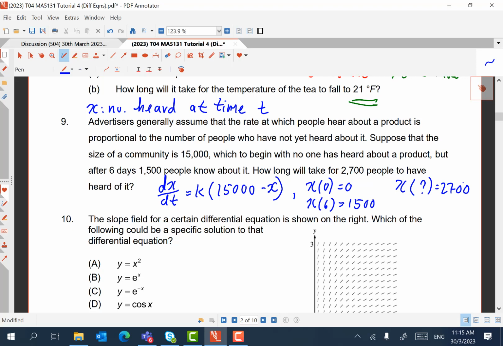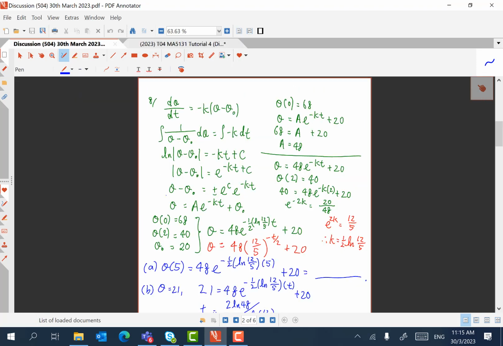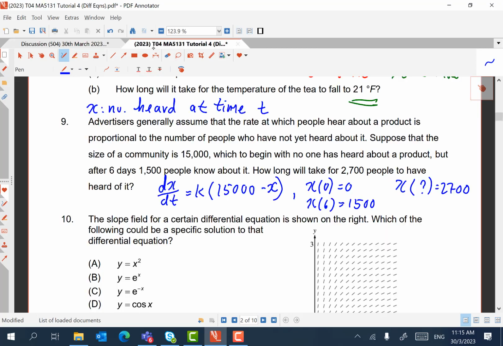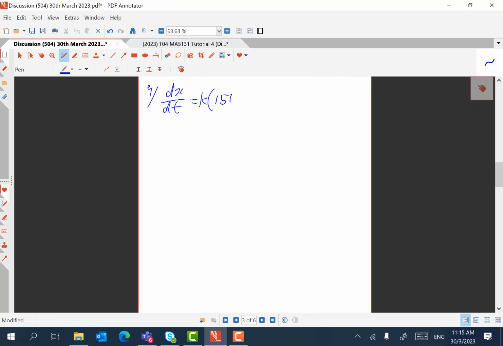Okay, so if you have the DE already, you want to solve the DE the usual way, which is number 9, right? We agreed that dx/dt is equal to k times (15,000 minus x).